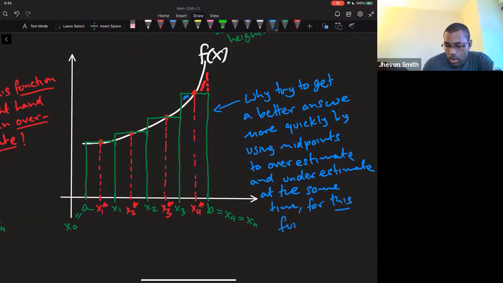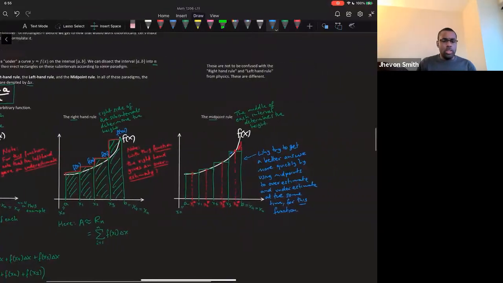For this function. The idea is that you'll get to a more correct answer quicker by doing the overestimation and the underestimation at the same time. The idea being that they kind of cancel each other out and you get better, right? Which, yeah, normally you're doing this.